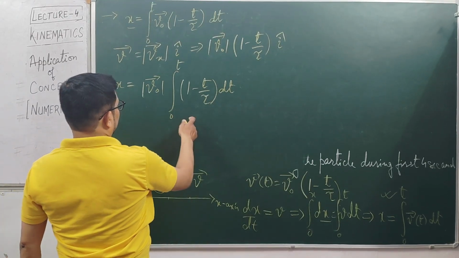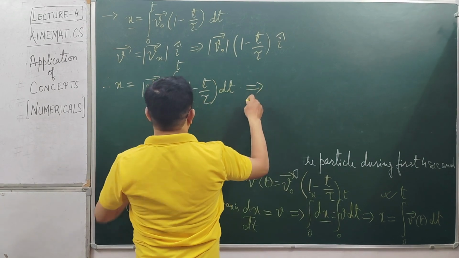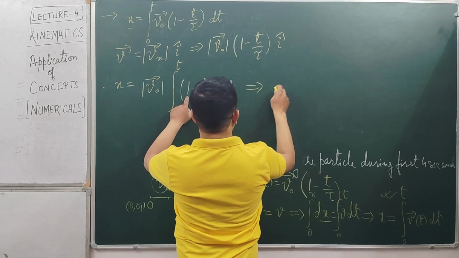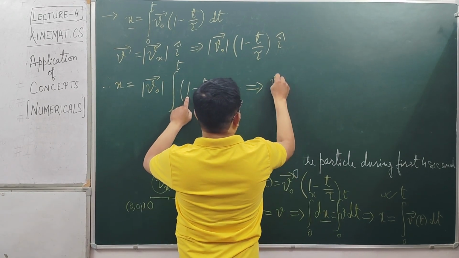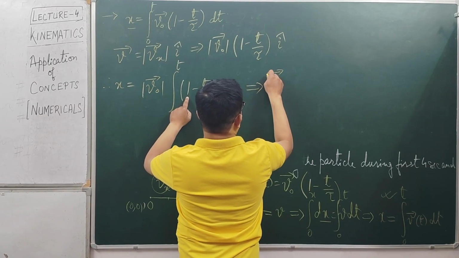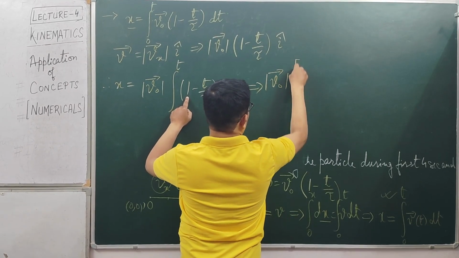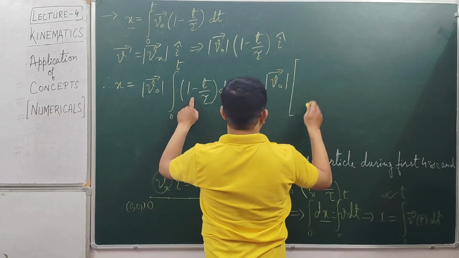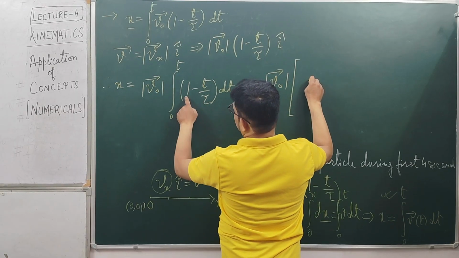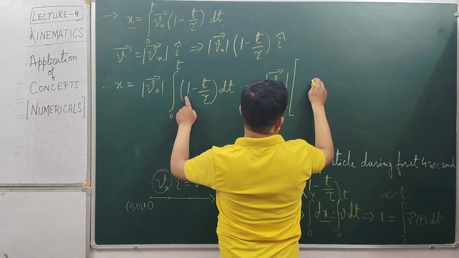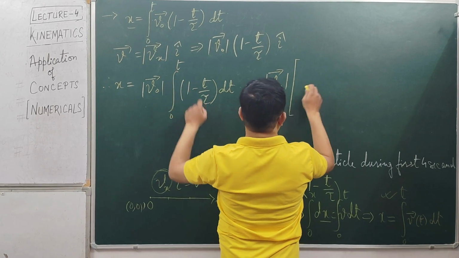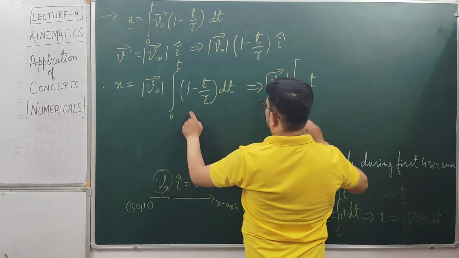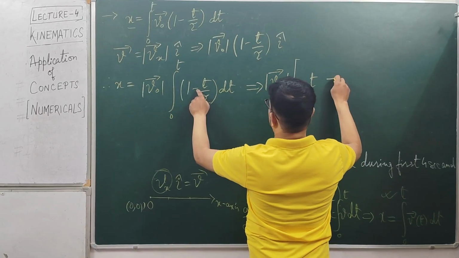Okay, so if you evaluate this, you take this as common, inside it's going to be dt, so the integral of that is t, and we can write this t here, and minus t is there.